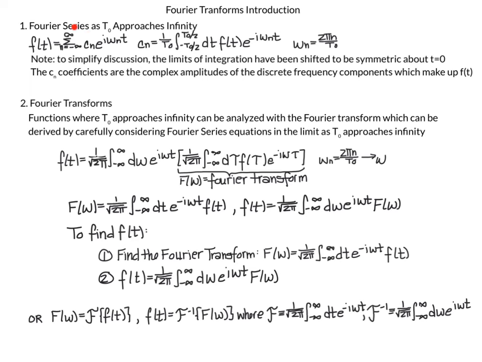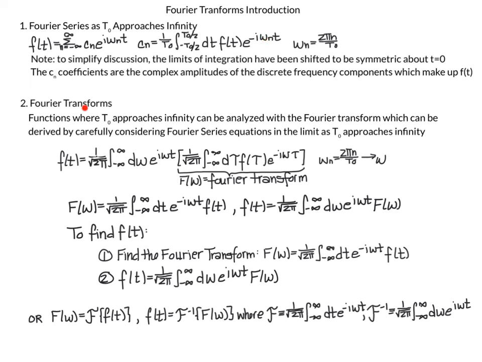It's a weighted summation, and the weights are determined by these coefficients here, and the coefficients use the fact that sines and cosines are orthogonal bases. So for c sub n, when we do the inner product, which is this integral, we pick out the nth basis, the basis with the omega n frequency.